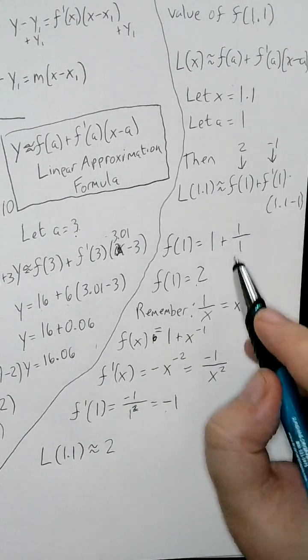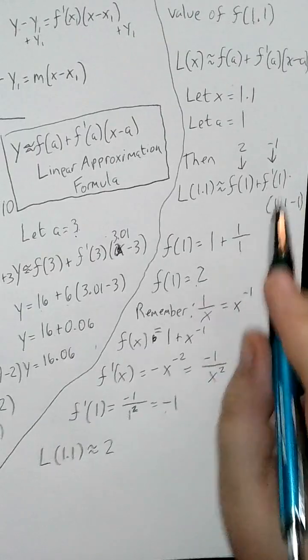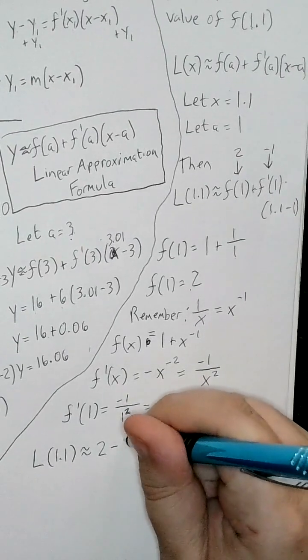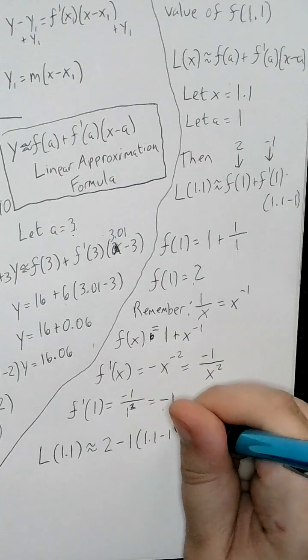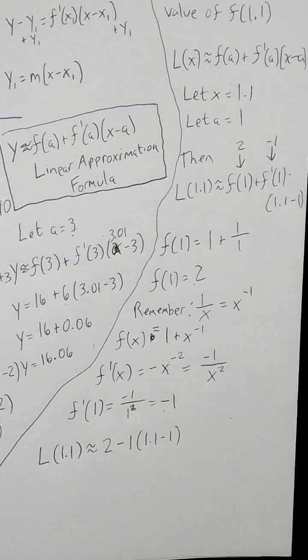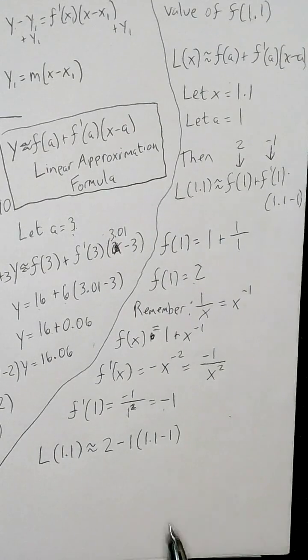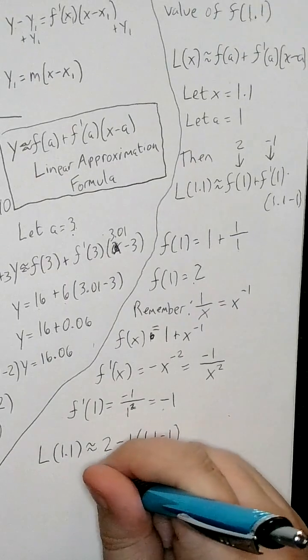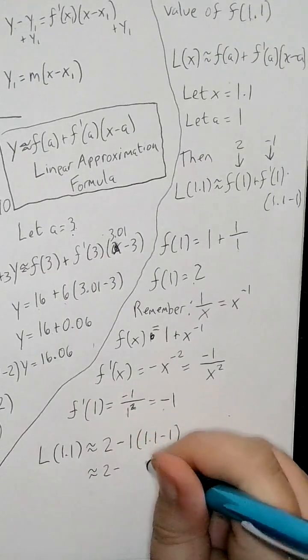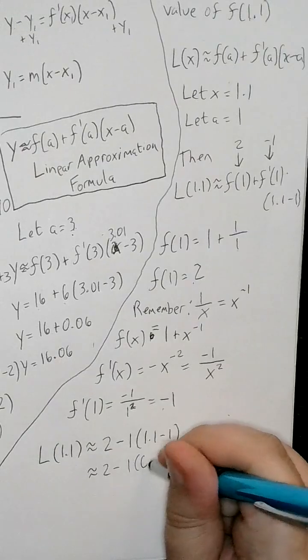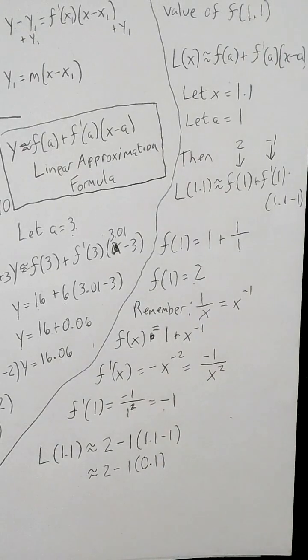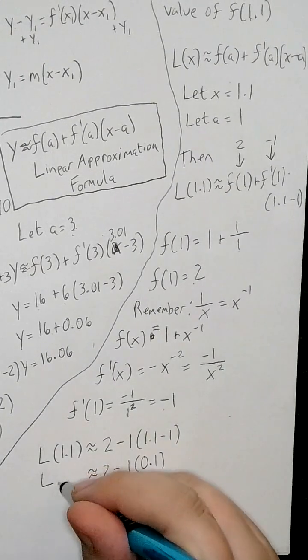Take the negative, so this would be minus 1 times 1.1 minus 1. 1.1 minus 1 gives me 0.1. So this would be -1 times 0.1. And if that's true, then what must this be?